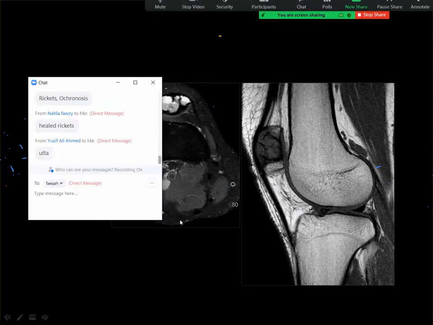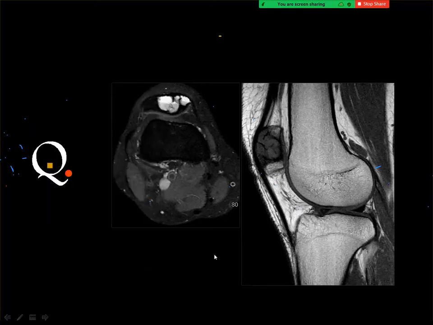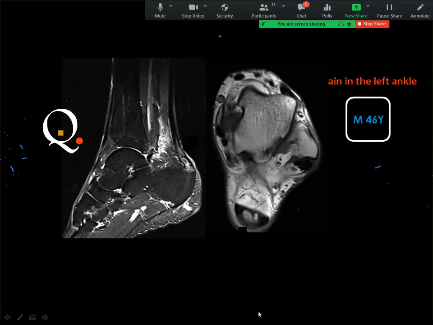Someone said something I don't know what it means, but ABC is a very good possibility, and as many of you have said, this is aneurysmal bone cyst of the patella, which is an odd site for the aneurysmal bone cyst. But if you look carefully in the STIR image, you can see some fluid levels, which is one of the characteristics of aneurysmal bone cyst.